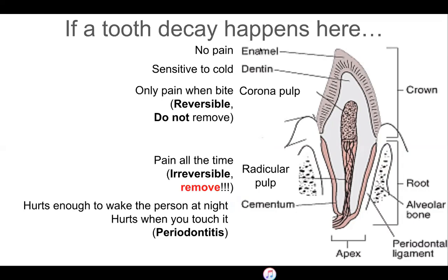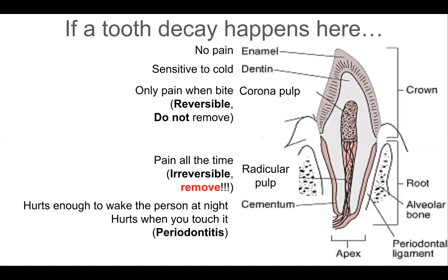However, if the decay has involved dentine, you will be sensitive to the cold. When you drink cold water, you will feel pain for a little bit. When the decay has involved the coronal pulp, you will only feel pain when you bite, and at this phase it's still reversible.